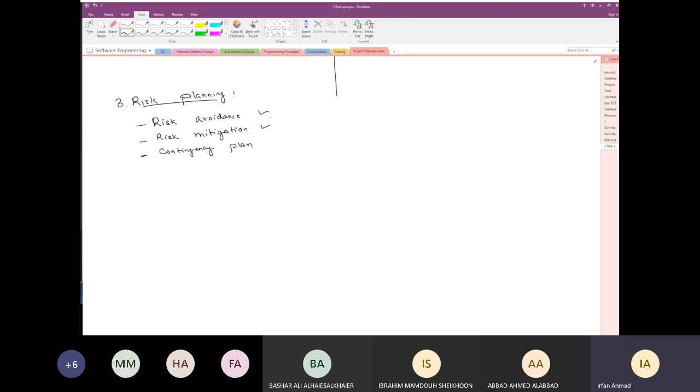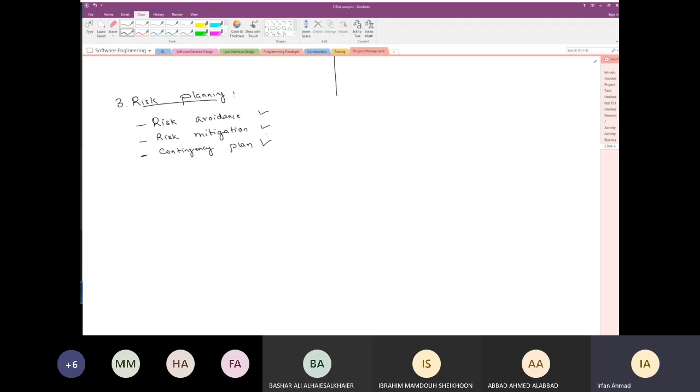The third thing, which is part of risk planning, is the idea of contingency planning. So the contingency planning is the idea that, okay, if the risk eventually becomes a reality, what are you going to do? What's your plan B? What's your plan C? So what is in place? So this is called the contingency plan. So you have to also come up with some contingency plan. What if the staff leave my company? What am I going to do?